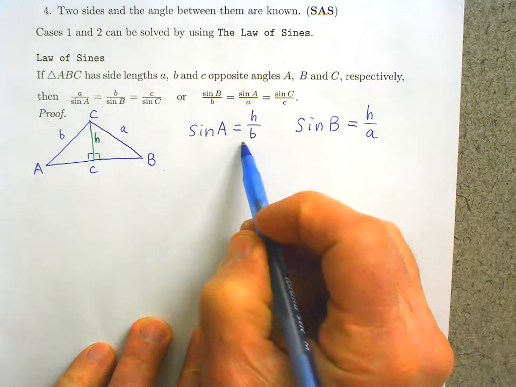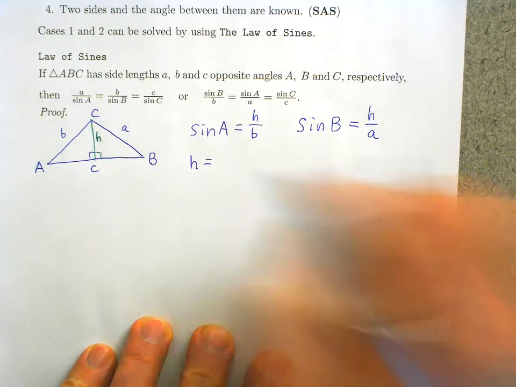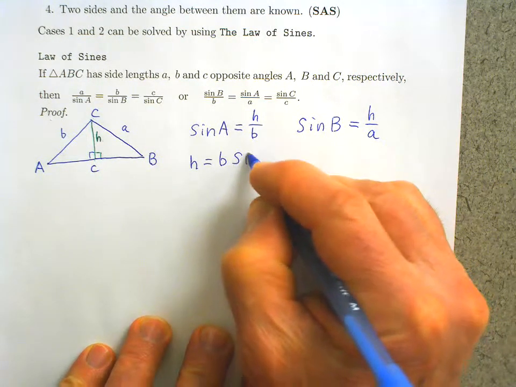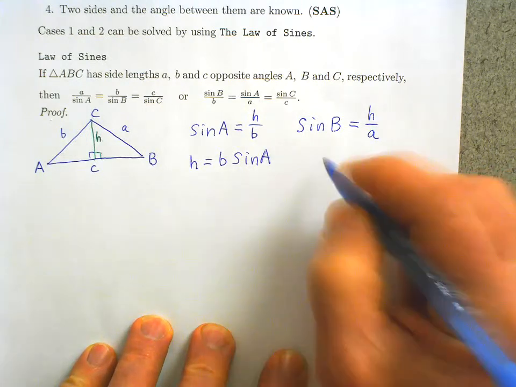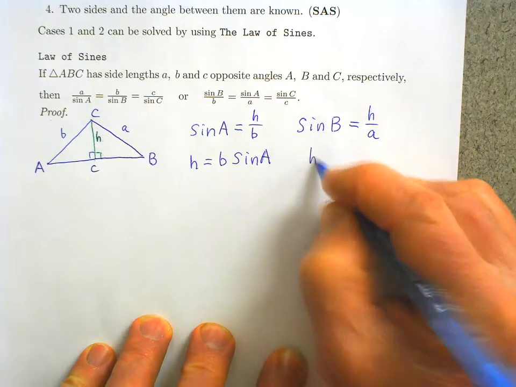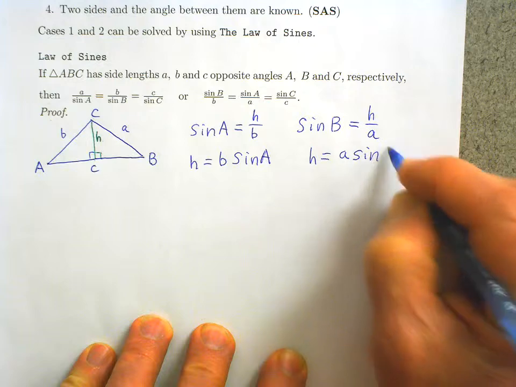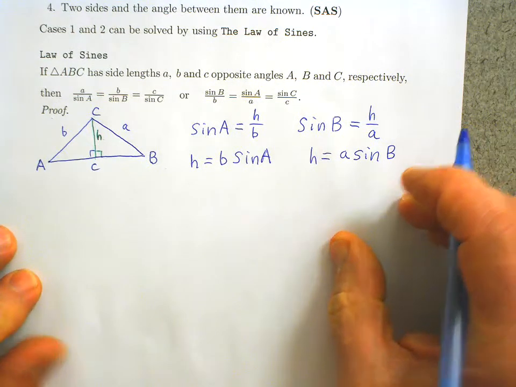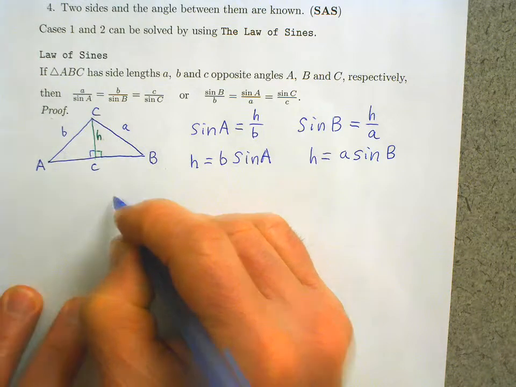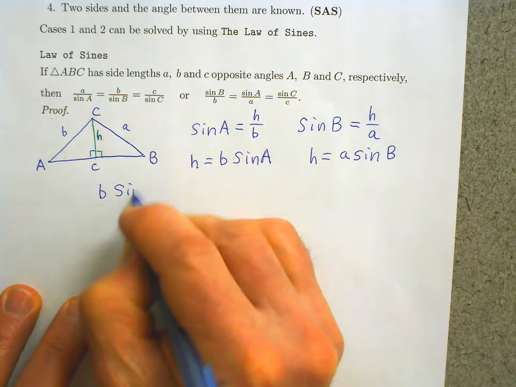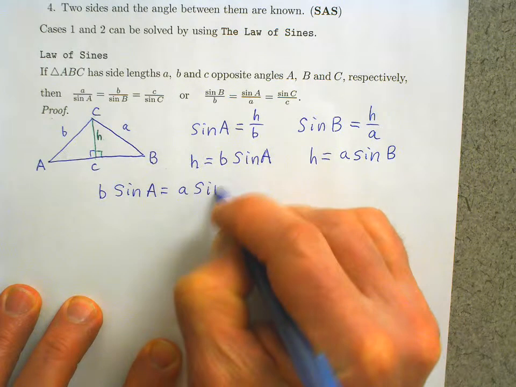If I solve the first equation for h, I get h equals b times the sine of angle A. And if I solve the equation on the right for h, I get h equals a times the sine of angle B. Since h is equal to itself, we can say that b times sine of angle A is equal to a times the sine of angle B.